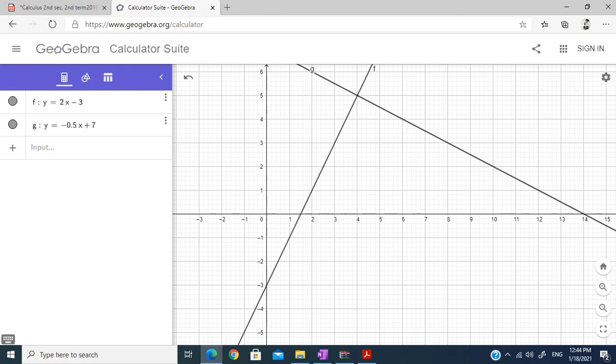The height of the triangle is 5, and the base is from 1.5 to 14. The distance here is 14 minus 1.5 equals 12.5, and the height is 5.